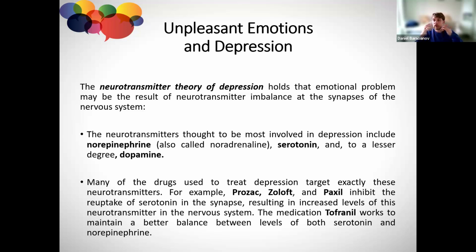So when serotonin is emitted in the synaptic gap, they block the reuptake process, so this serotonin stays in the synaptic gap, and the overall amount of serotonin grows inside synapses, which helps to normalize a person's feelings and decline the feeling of depression. Tofranil works to maintain better balance between levels of serotonin and norepinephrine at the same time.